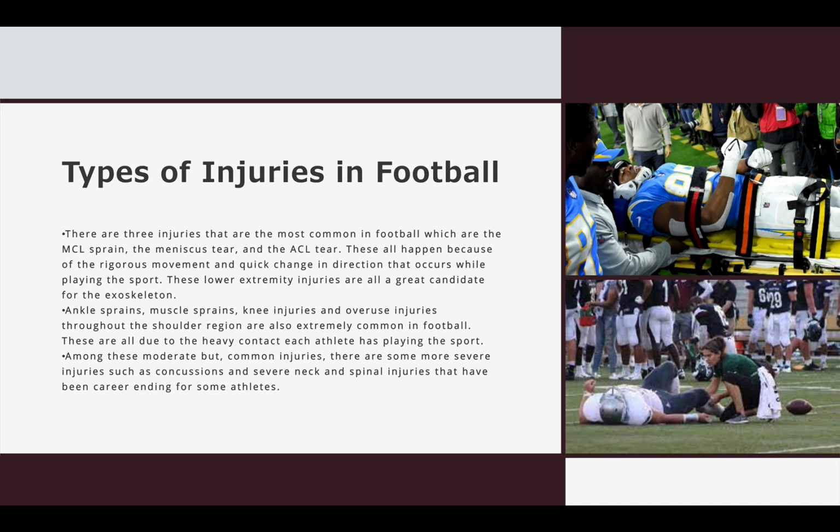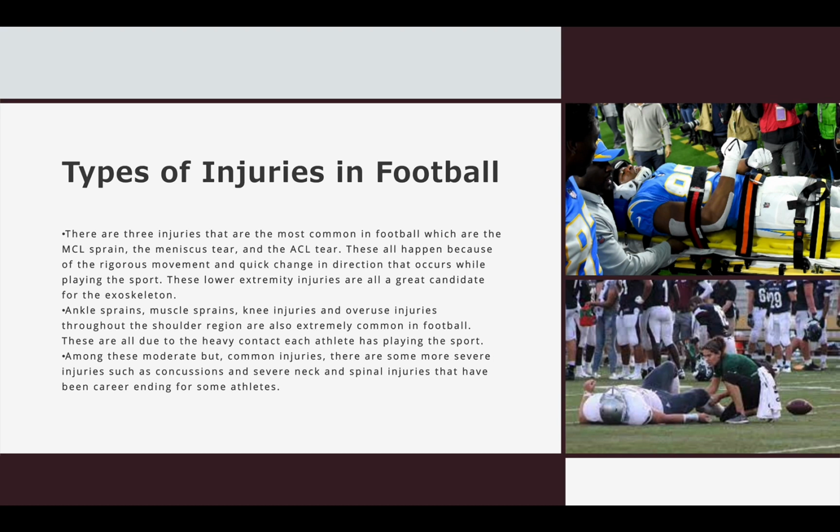When talking about the exoskeleton regarding sports, what you need to know is what types of injuries you should expect in that certain sport, and how you can implement the exoskeleton in that sport. One of the sports that we chose to talk about in our project is football. There are many types of injuries you can expect with football because football is a very rigorous sport.